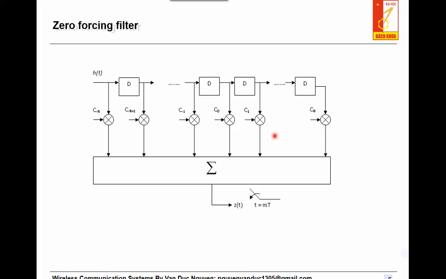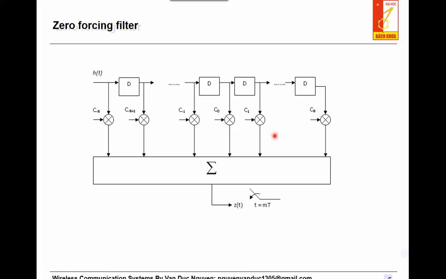In this kind of structure, if you want to design the filter, you need to design the coefficients. That's the general form of the finite impulse response filter.